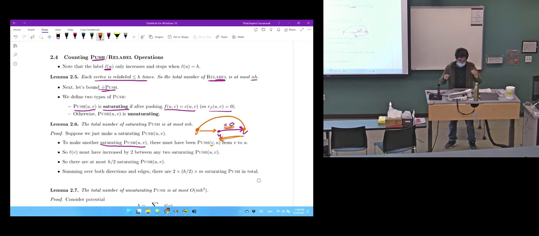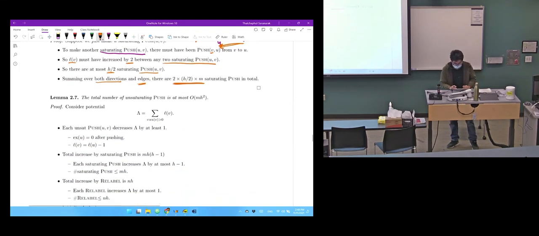So this level must have increased by 2 between any consecutive saturating pushes. So there can be at most h over 2 saturating pushes from u to v. Now summing over both directions, u to v and v to u, and over all edges, the total number of saturating pushes is about mh.